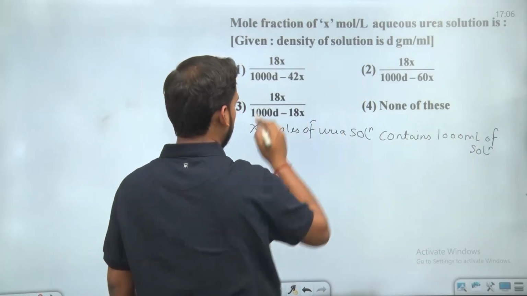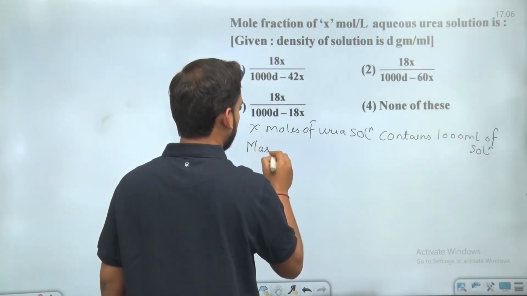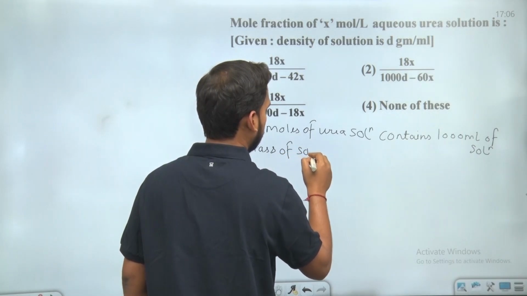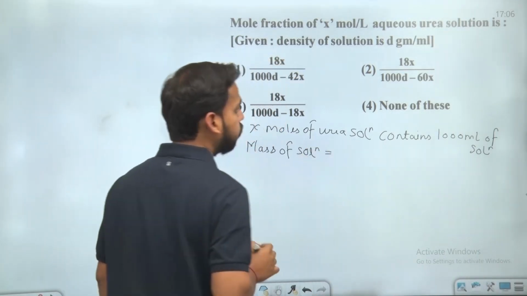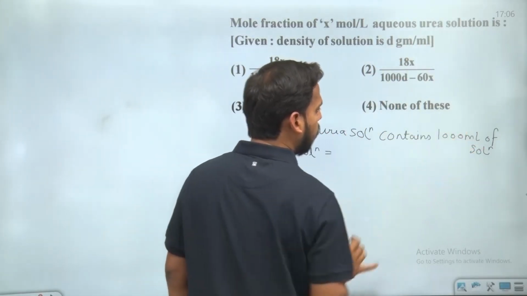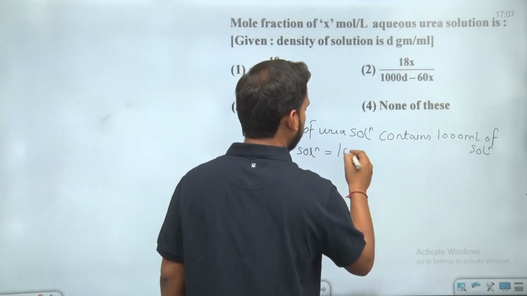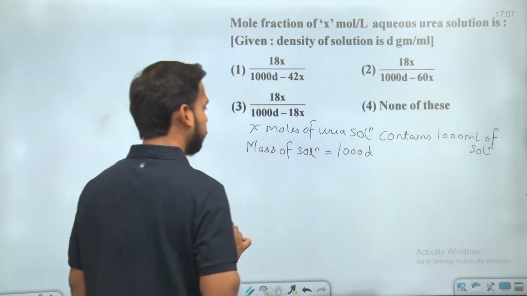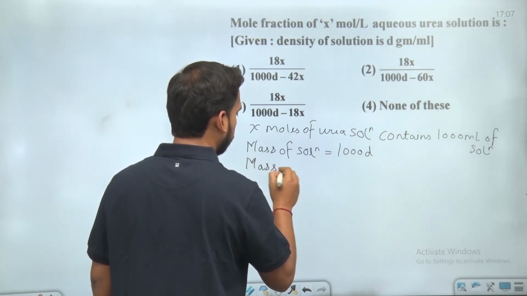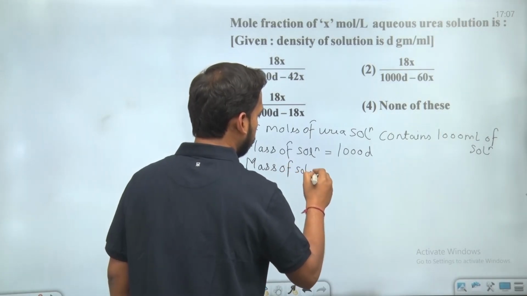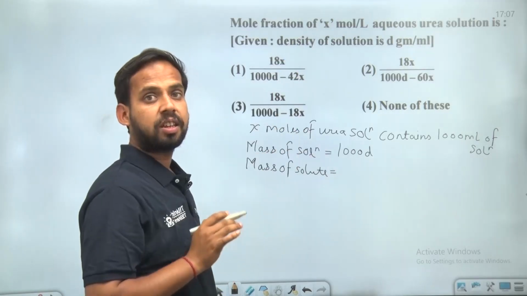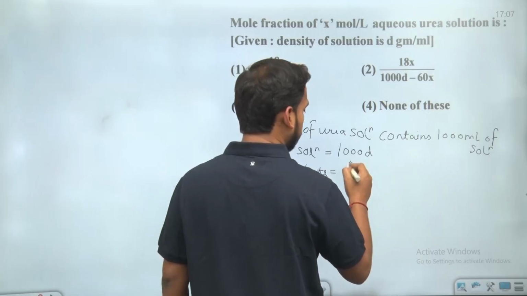So here the mass of solution will be equal to, density is given as D gram per ml and it contains a volume of 1000 ml. So the mass of solution will be 1000 D. And the mass of solute, it is urea, so the molar mass of urea is 60, so it will be 60x.